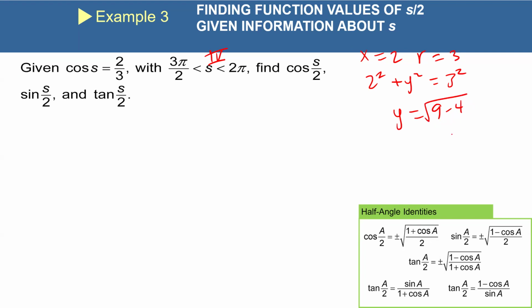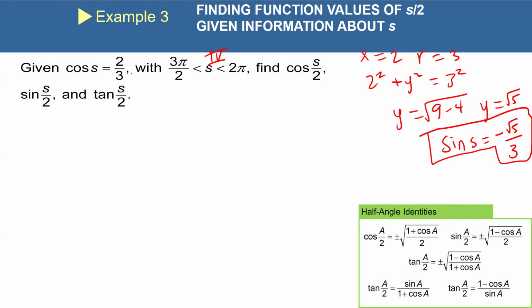And that gives me what? Square root of 5. So y equals the square root of 5. So therefore the sine, again, is negative. And it's going to be negative square root of 5 over 3. So now I have the 2 main pieces to find everything else.